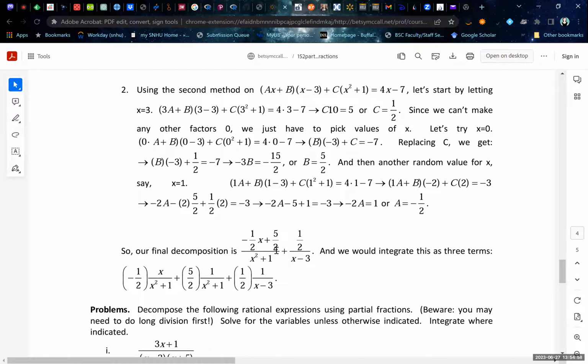And typically, when we would integrate this, we'd actually split this, and we would have some coefficient in x over the quadratic term, and our coefficient times the constant over our quadratic term, and then our coefficient and the constant over our linear term.